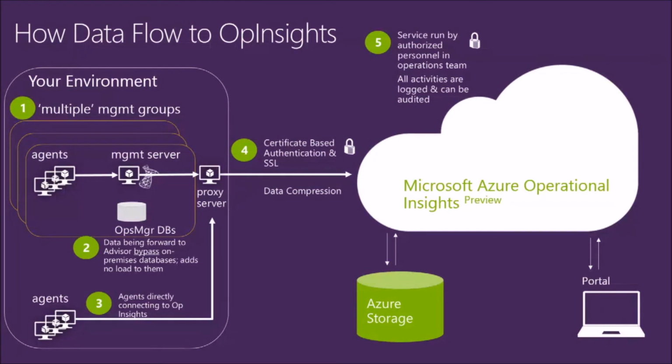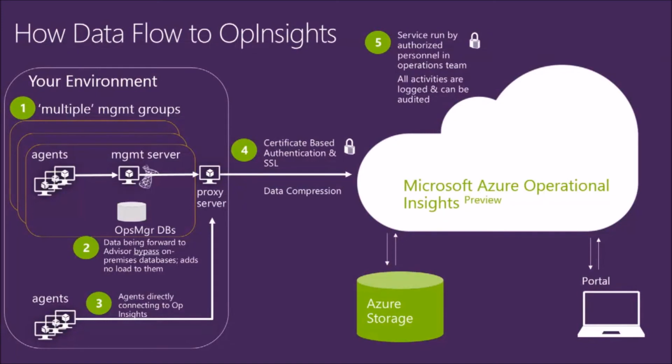When the data lands in the cloud, the service itself that contains the data is run by authorized personnel in operational roles within our team. People who are working on research and development in our team can't touch your data, can't access your data.